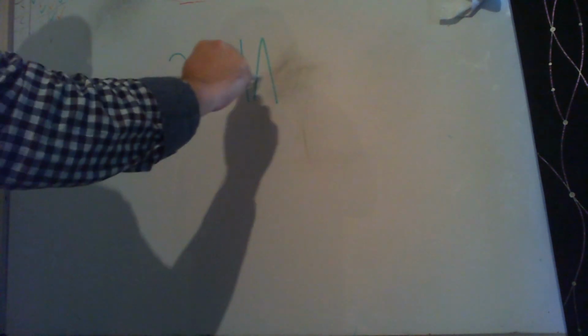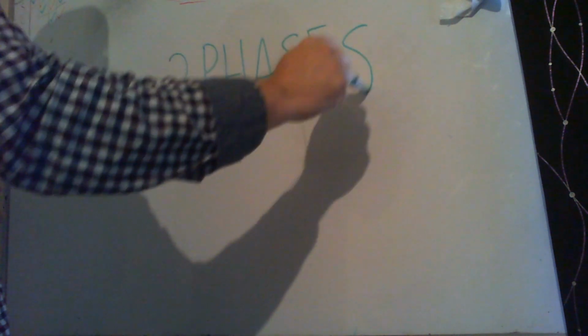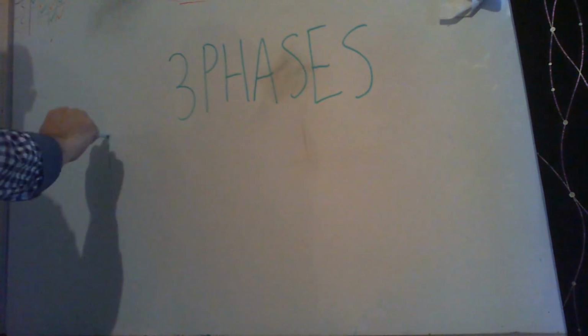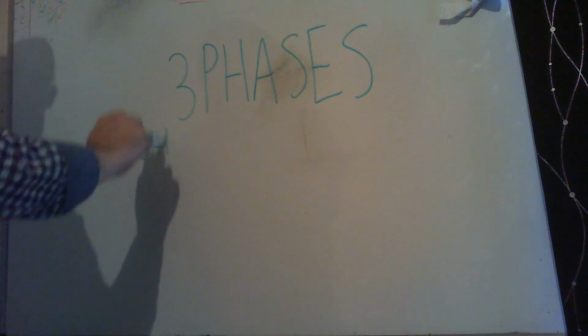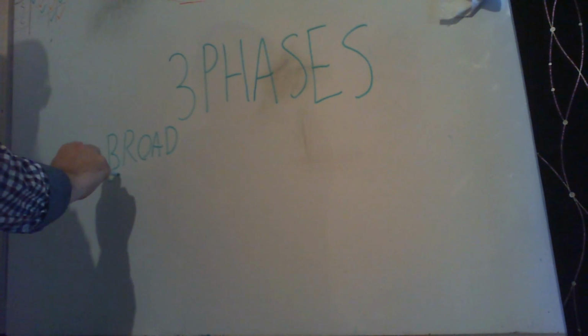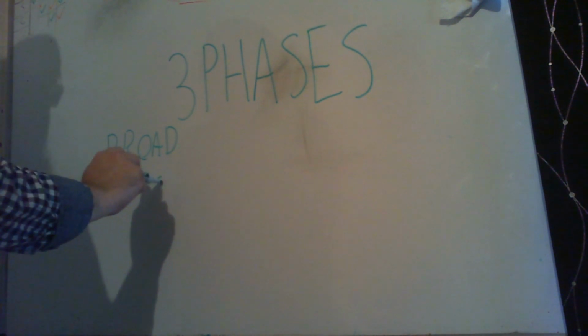So this is done in three main phases, and each of these phases serves a very distinct purpose. The first of these phases is the broad phase, and the purpose of the broad phase is basically to cull collisions that we know cannot happen.